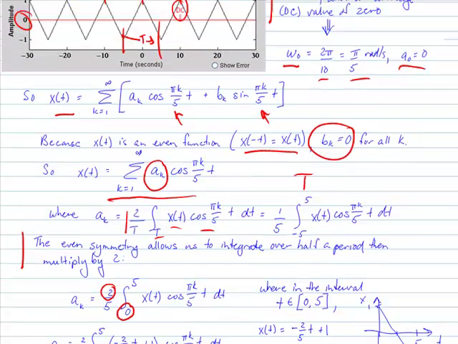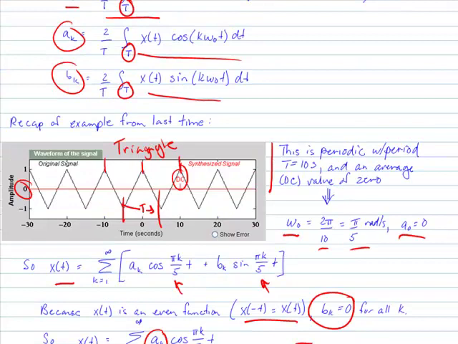And the nice thing about this is that in this interval from 0 to 5 I only have one equation to derive. I don't have to do two separate equations. And you can see the y-intercept is 1, and the slope is a rise of negative 2 and a run of 5, so minus 2/5 t with the y-intercept of 1.